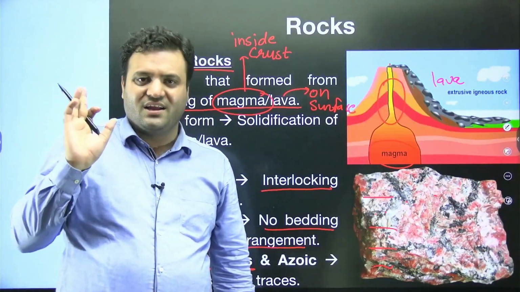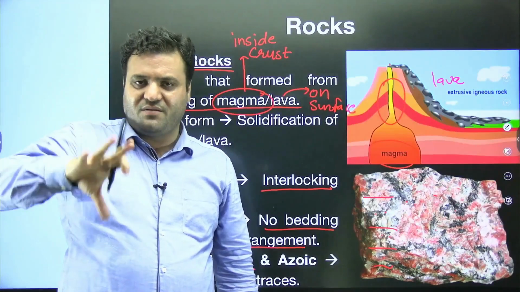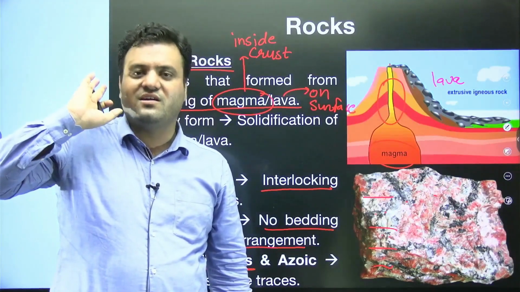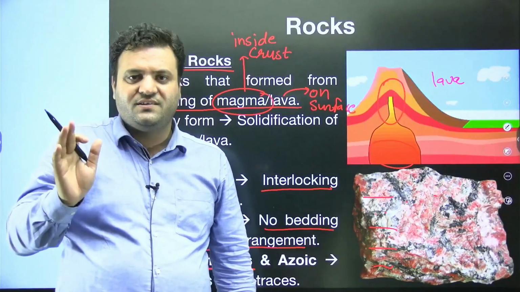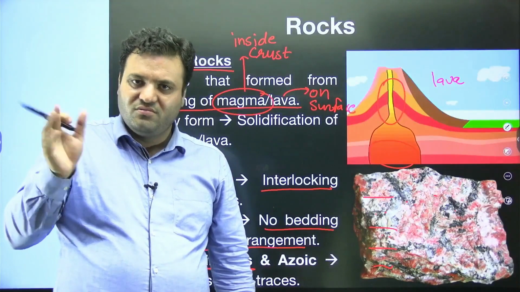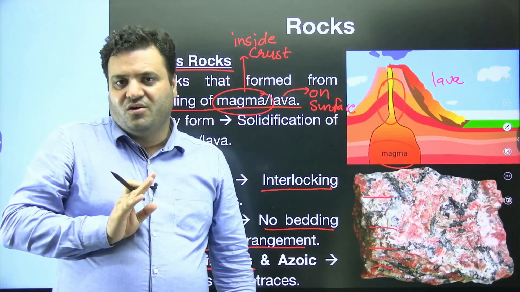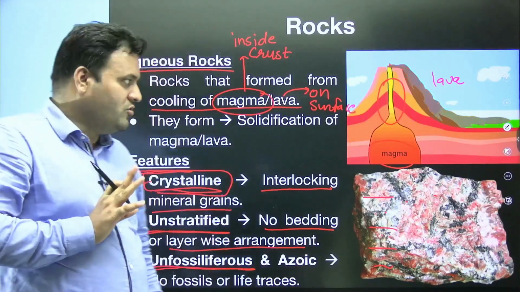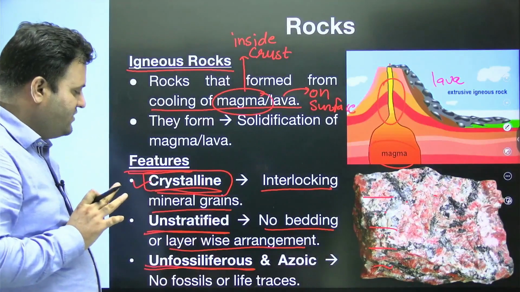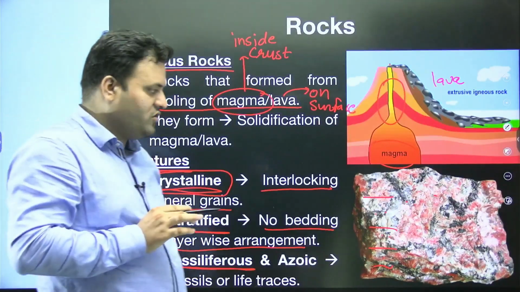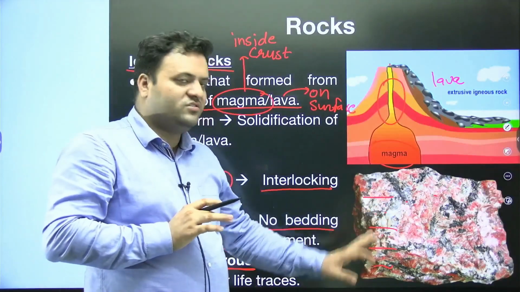Whatever material would have been there with that rock would vaporize, resulting in no trace of life. So this particular rock is unfossiliferous and azoic, meaning no fossils found.